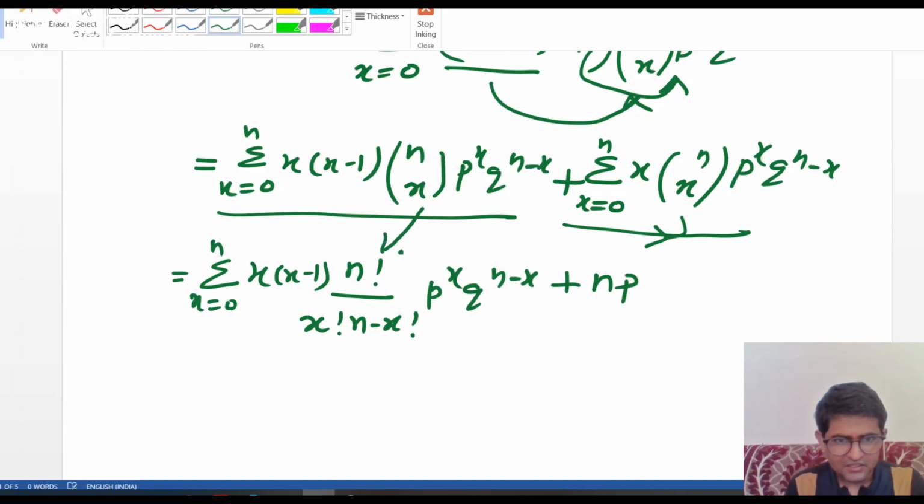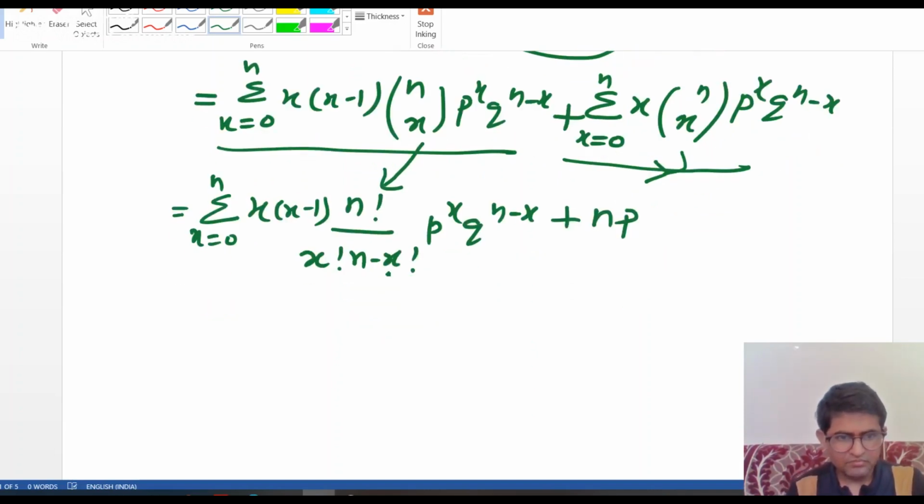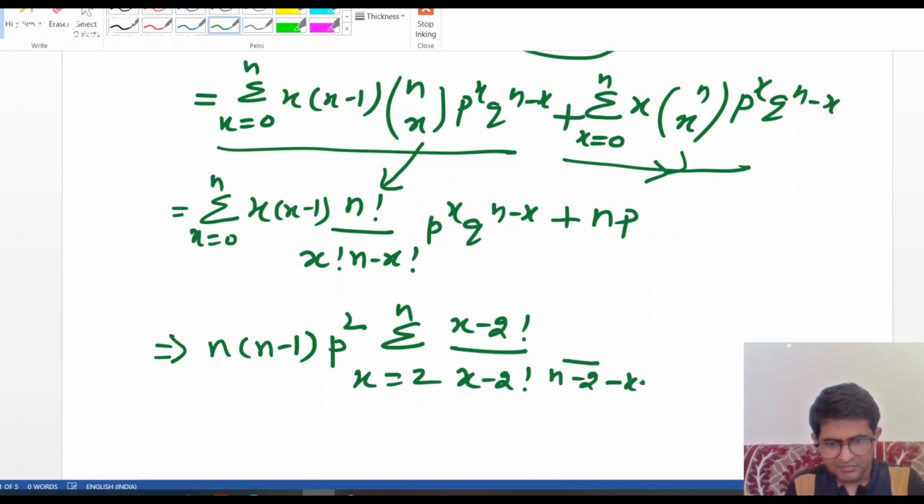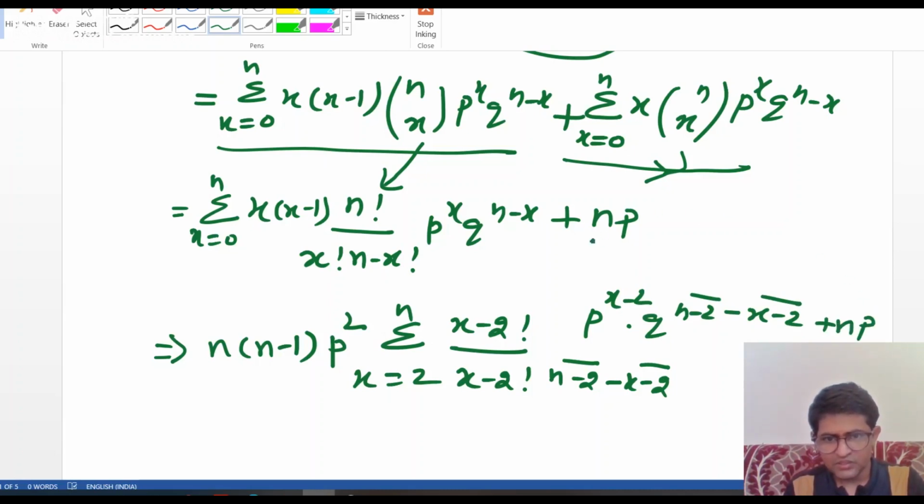We expand only this part. Reducing it, we get n into n minus 1 p square times the summation for x equal to 2 to n of n minus 2 factorial divided by x minus 2 factorial and n minus 2 minus x minus 2 factorial, p to the power x minus 2 q to the power n minus 2 minus x minus 2, plus n into p.